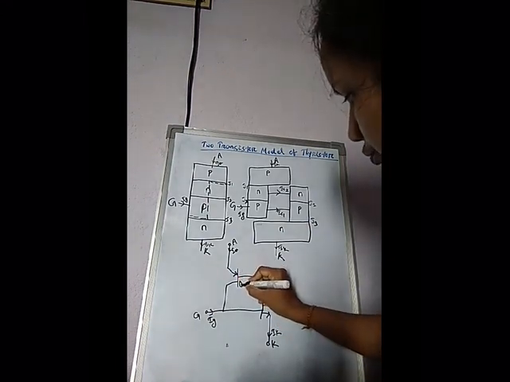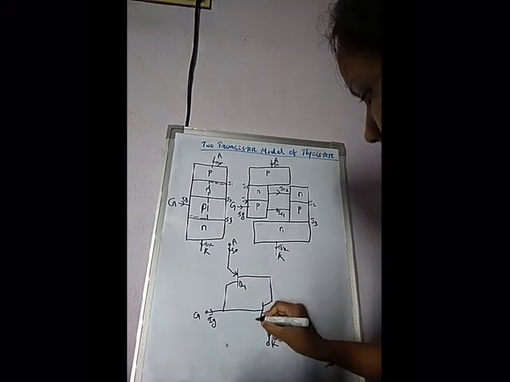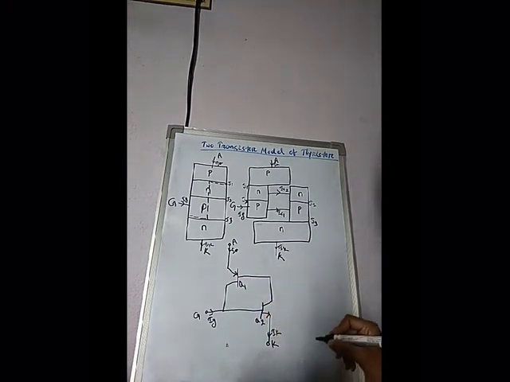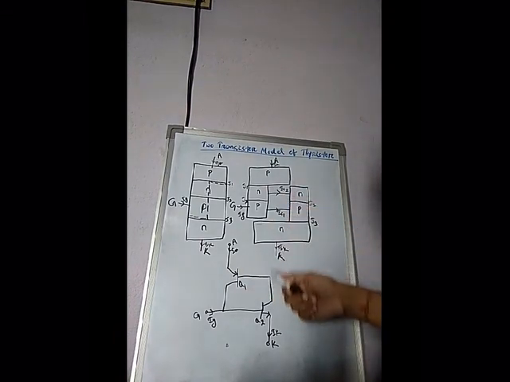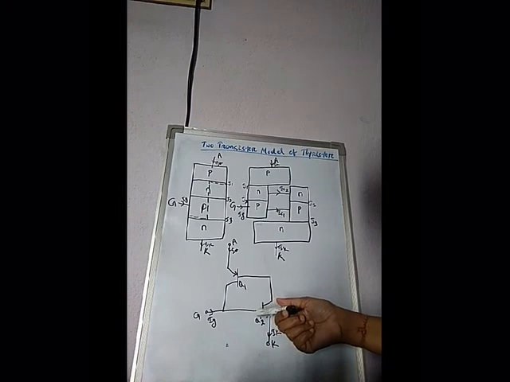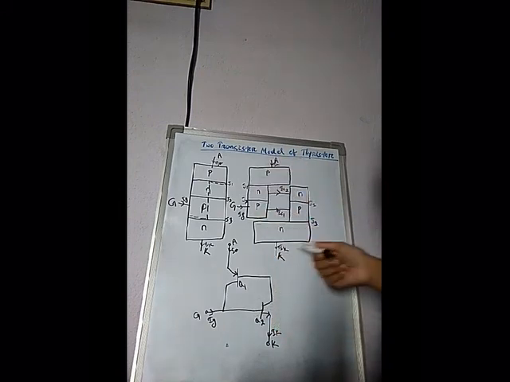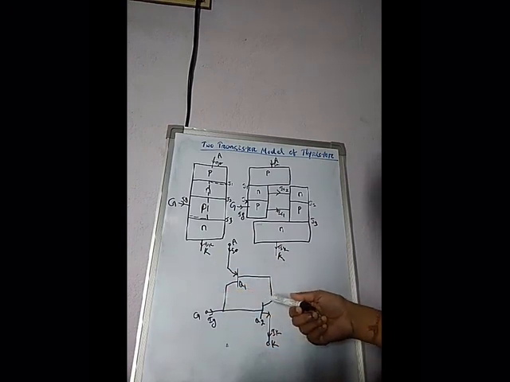This is Q1 and this is Q2. Okay, so its parameters. See, this is the circuit representation of the two transistor model. This is the layer representation of the two transistor model. This is the circuit representation of the two transistor model.